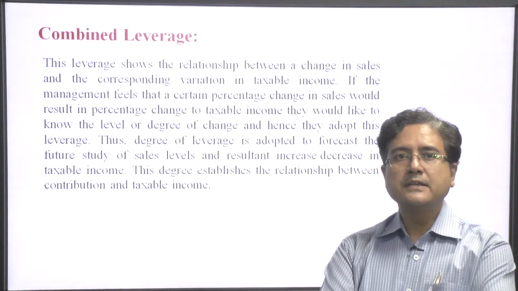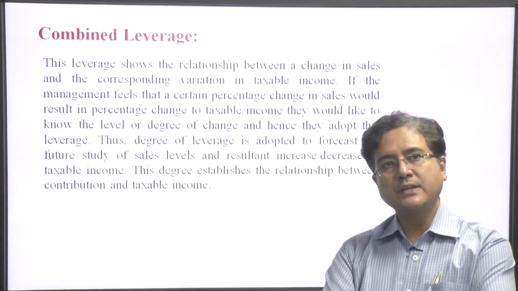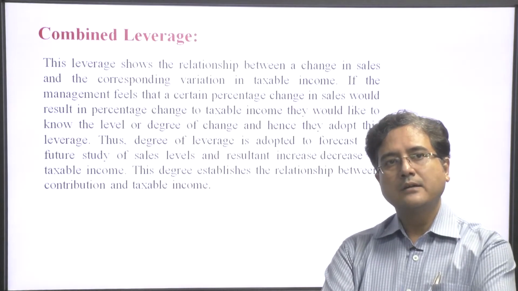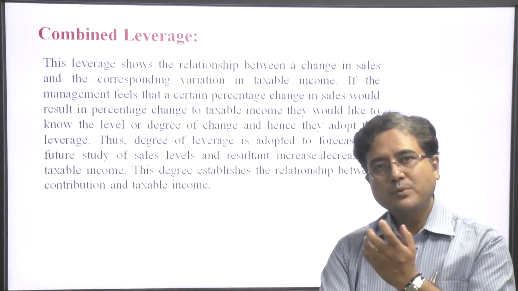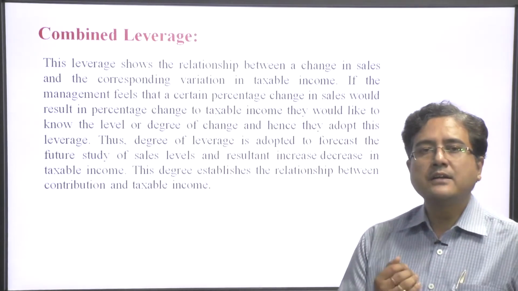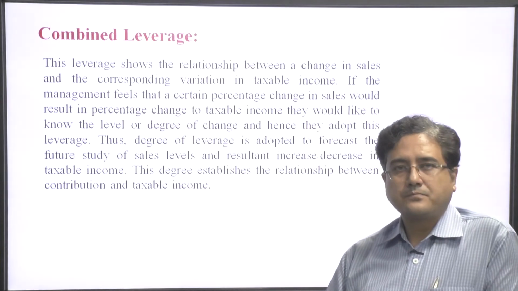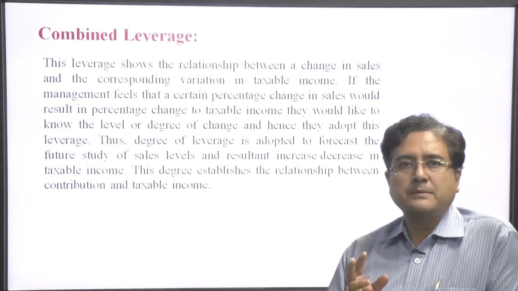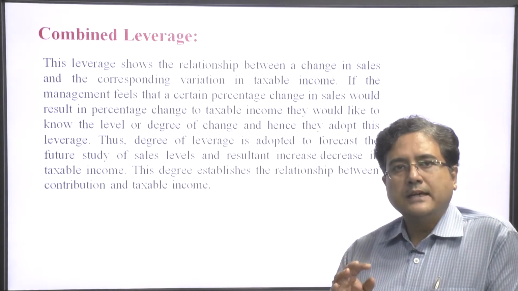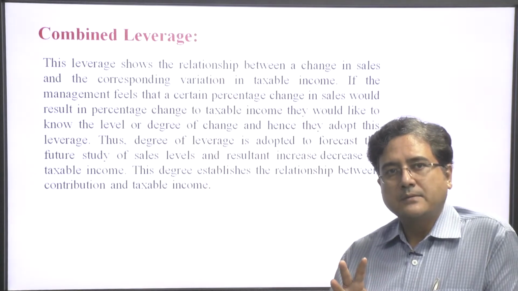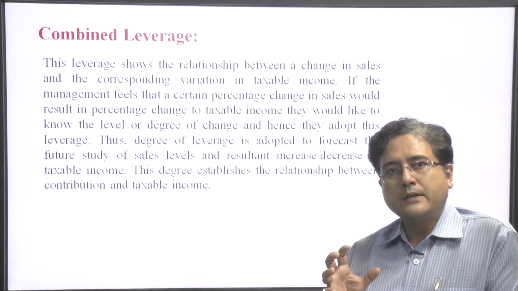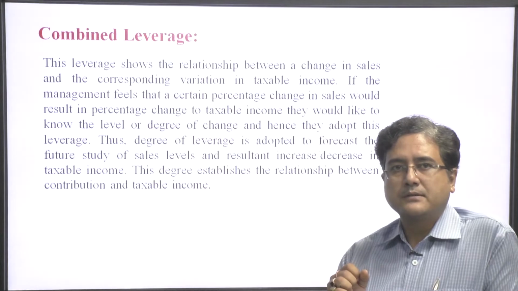This degree establishes a relationship between contribution and taxable income. So, composite leverage gives the relationship between the income and sales. Look, there are two aspects. Sales is one aspect and income is a different aspect.